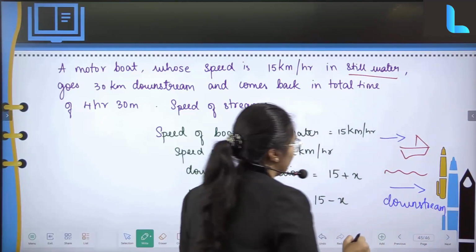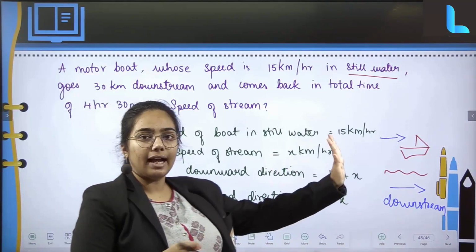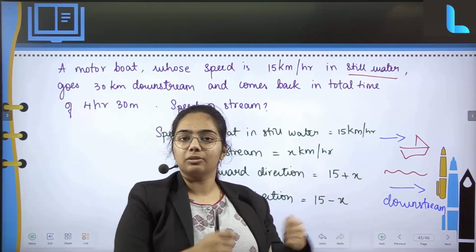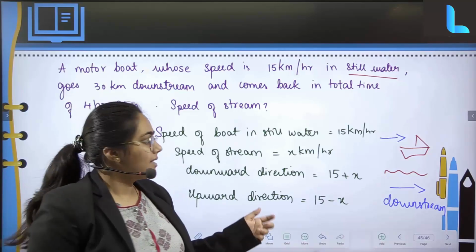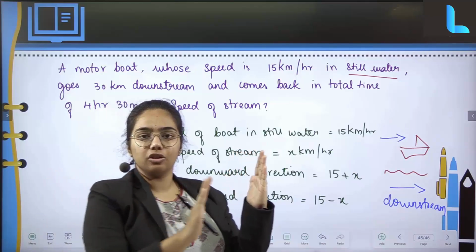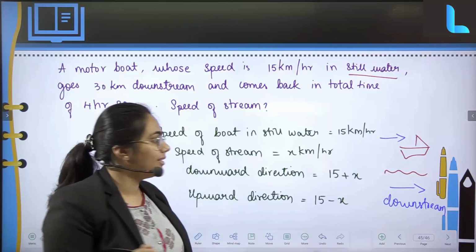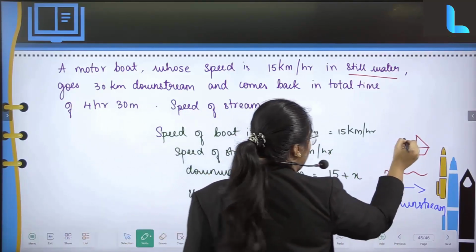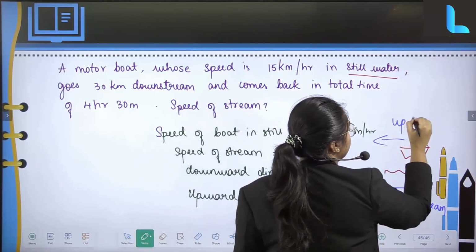For this downstream, not much effort is required. If the water and the boat are going in the same direction, there is no much effort required to drive the boat. Suppose the water is in the opposite direction and the boat is going the other way, then you require little bit of force. So that is called as upstream. That is, if one of them has an opposite direction, then that will be upstream.